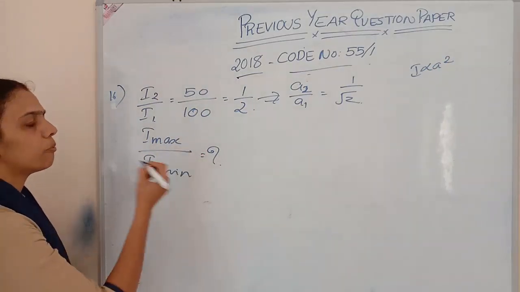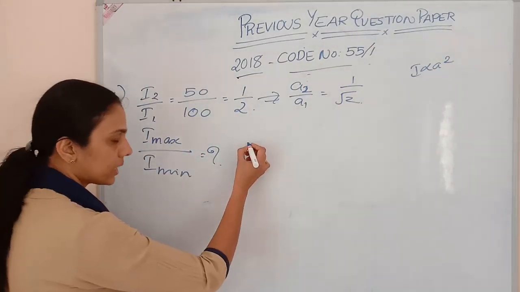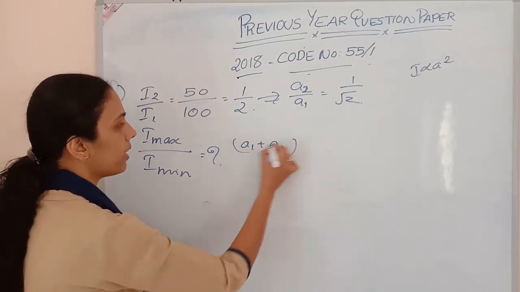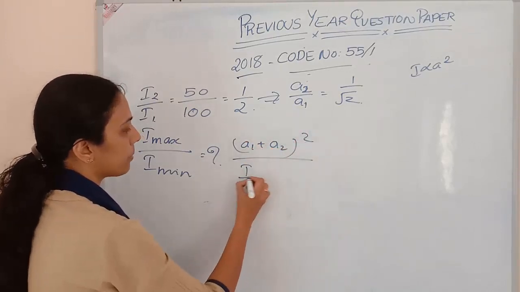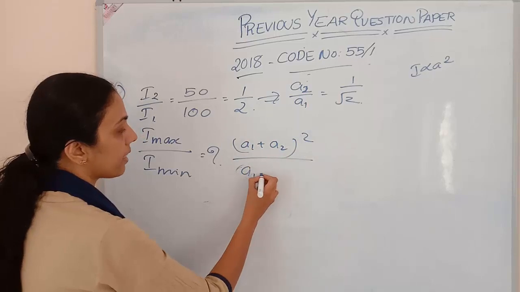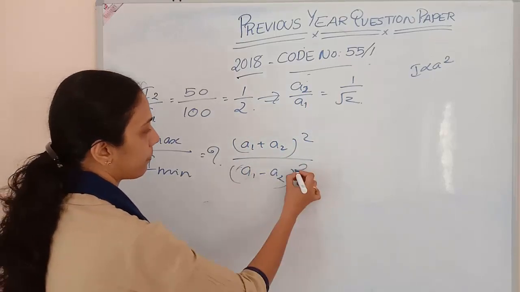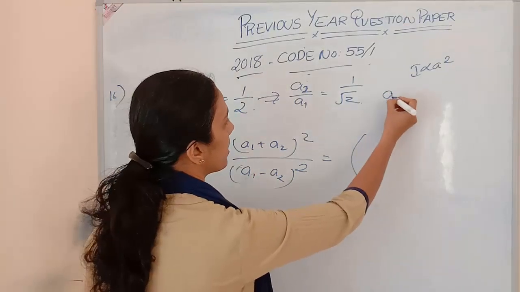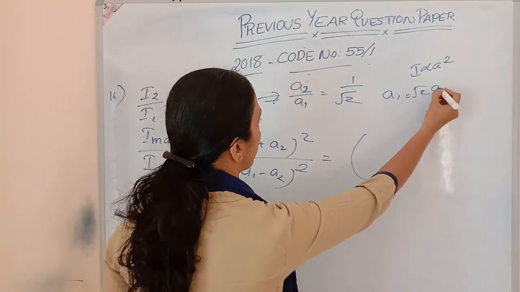So here, I maximum will be equal to (A1 plus A2) the whole square, divided by I minimum, which is (A1 minus A2) the whole square. Here we can write A1 equals root 2 A2.